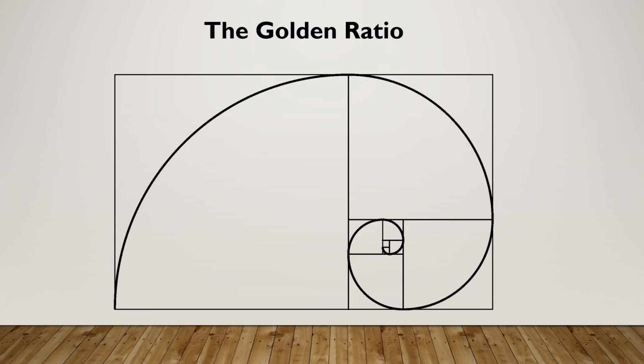This is the golden ratio. So you can see that we have a big rectangle. I would say, probably it's divided into thirds. So we have 2/3 of the rectangle here. We've got 1/3 of the rectangle on this side.